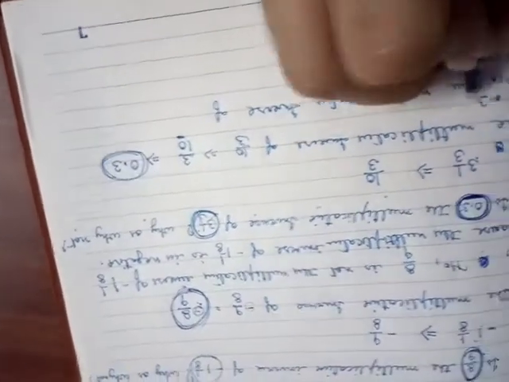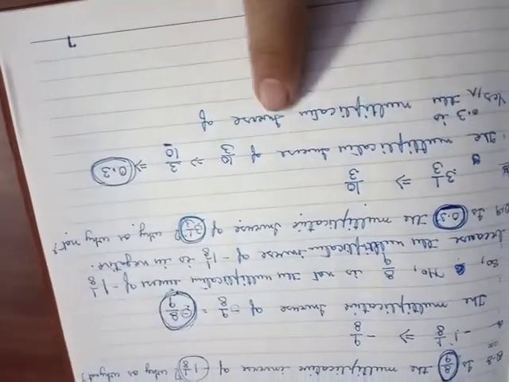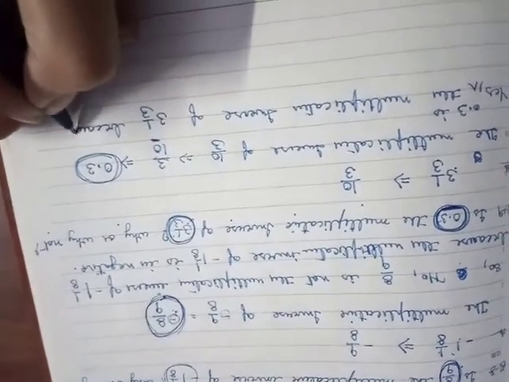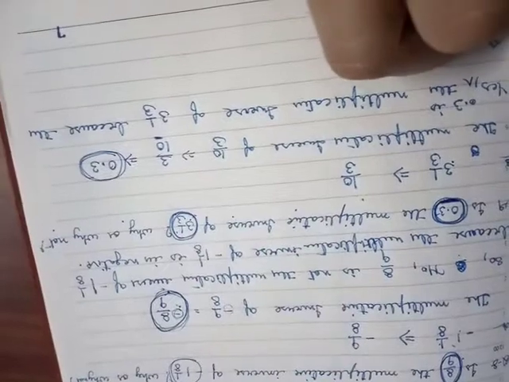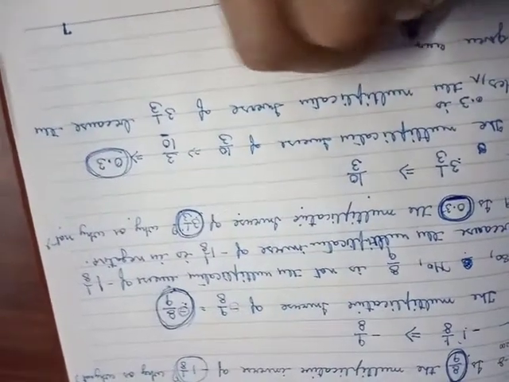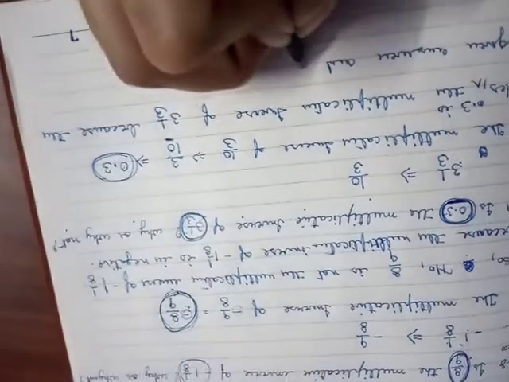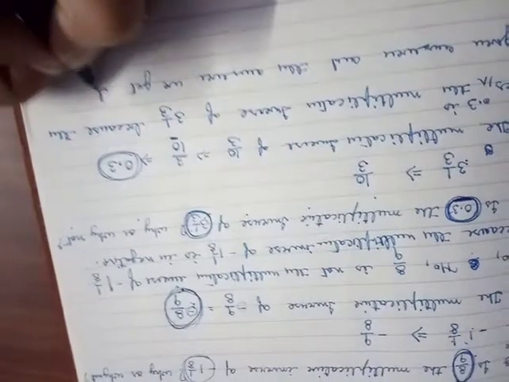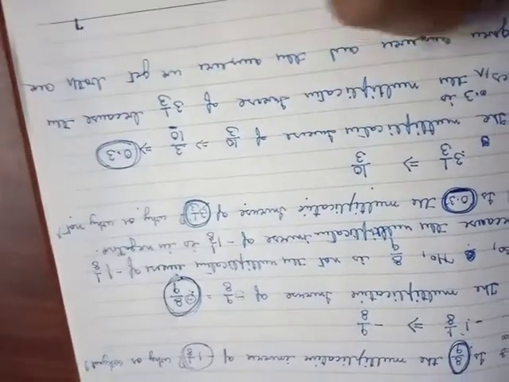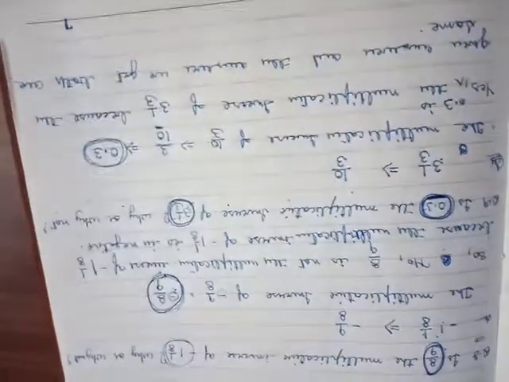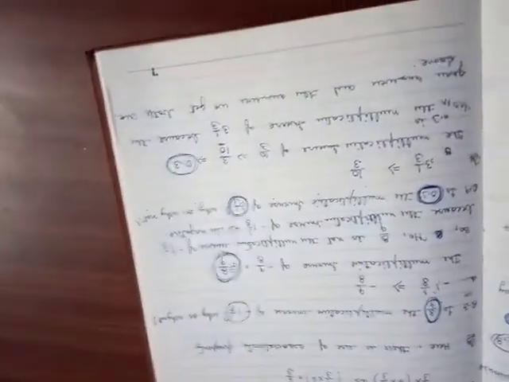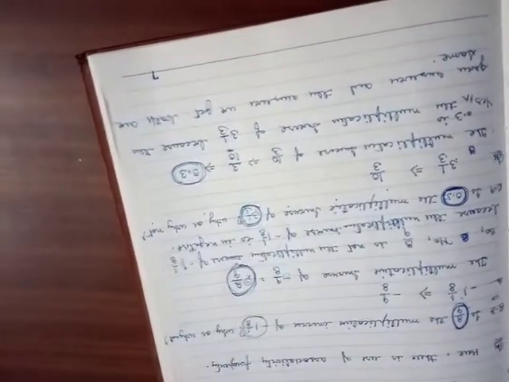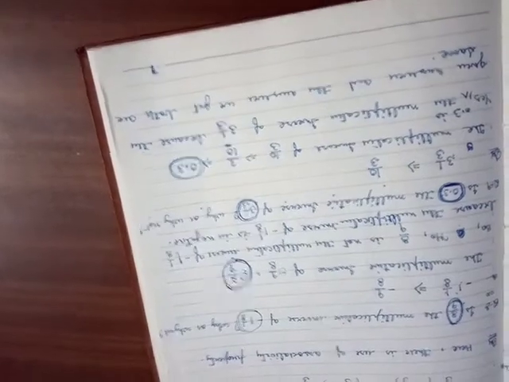Yes, 0.3 is the multiplicative inverse of 3 1/3, because the given answer and the answer we get both are same. Simple. Only one line needs to be written here, that is why your complete answer will be counted. Okay, no need to take any pressure on the mind.